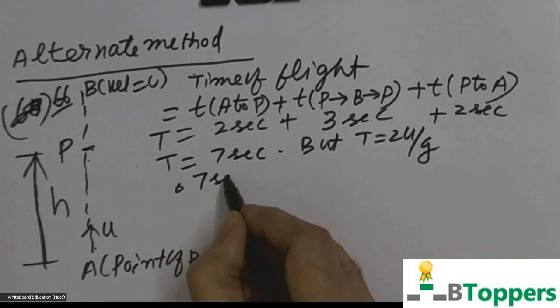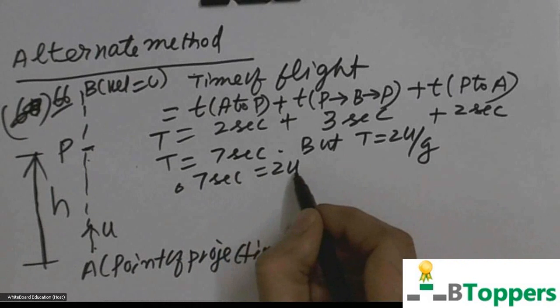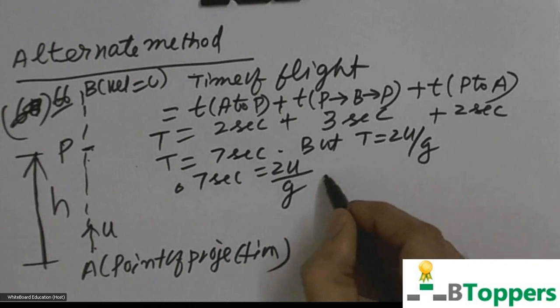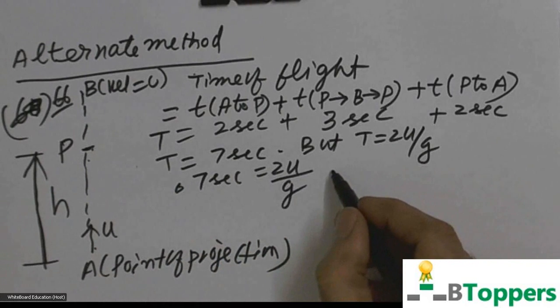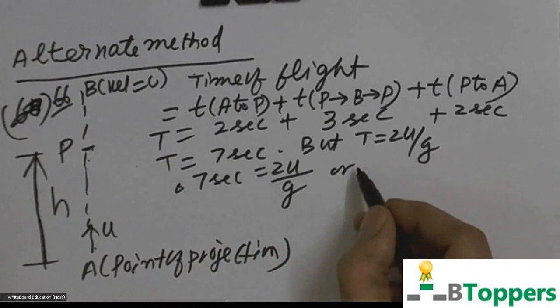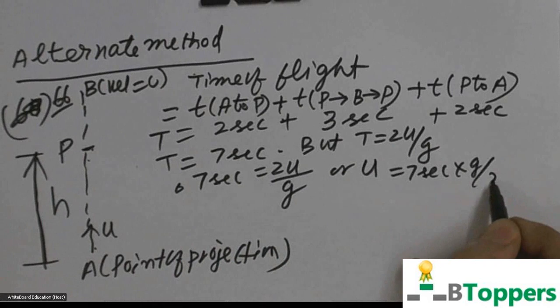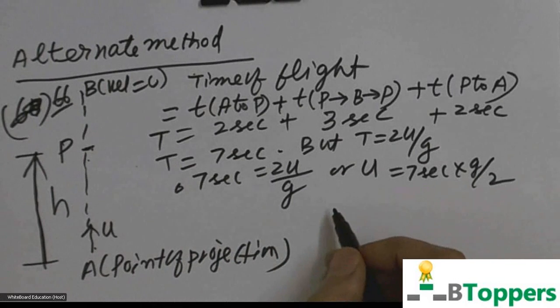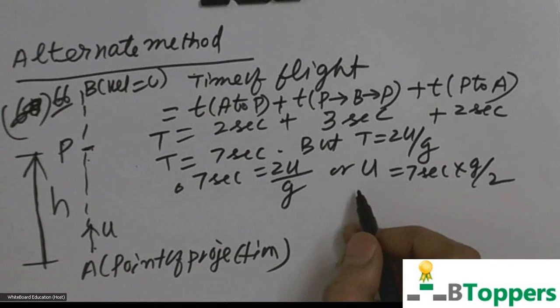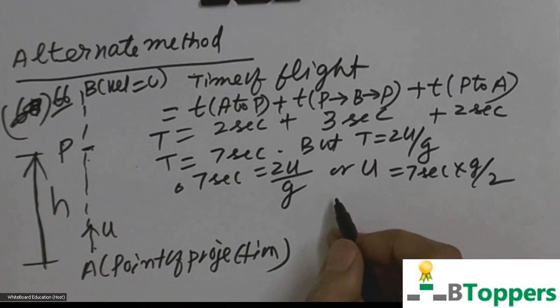So here 2u by g equal to 7 seconds. Time of flight is equal to 7 seconds here. So initial velocity you will get 7 seconds into g by 2. Can substitute the value of acceleration due to gravity g equal 9.8 meter per second square to find the initial velocity u. That is one part of the question.